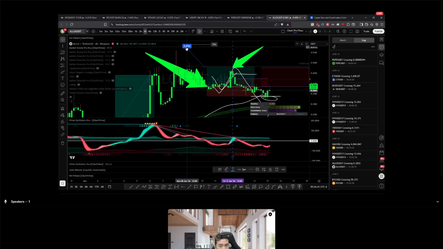We already have set it at 0.4794, taking 70% out. Would you be making money? Yes, of course. But look at how fast and volatile it moved. So knowing that out of Aloe, that's why I take this risk on this trade. And I will always tell you when it's a risky trade.